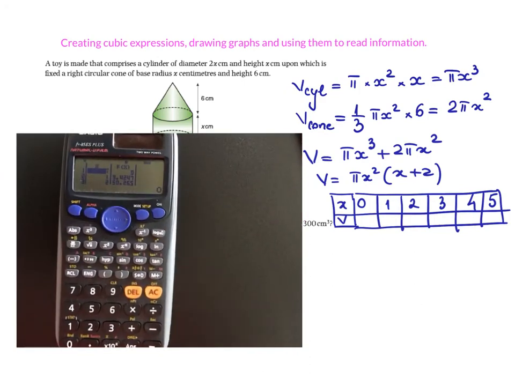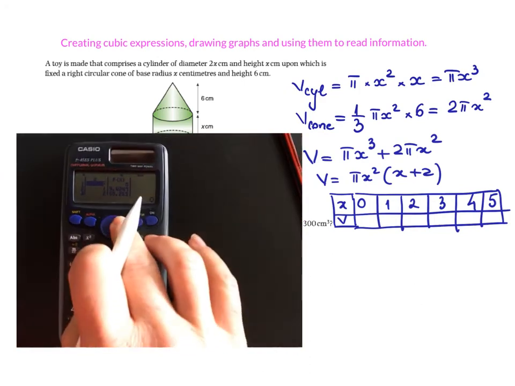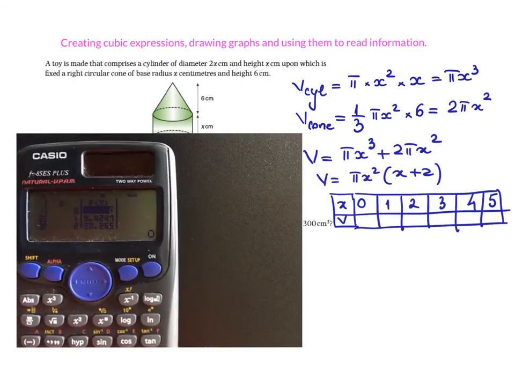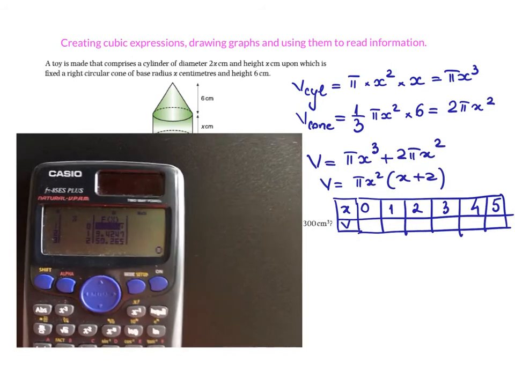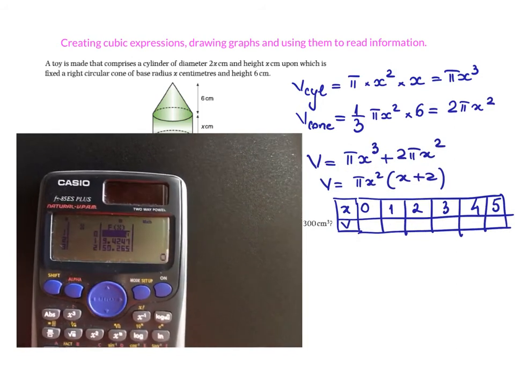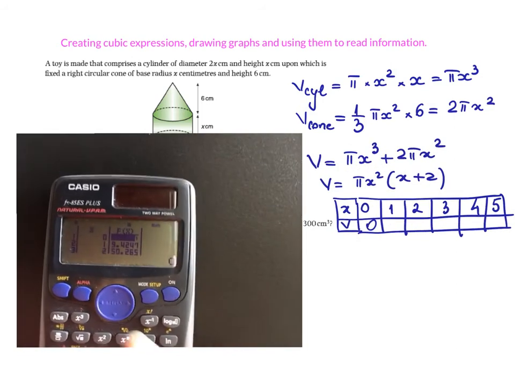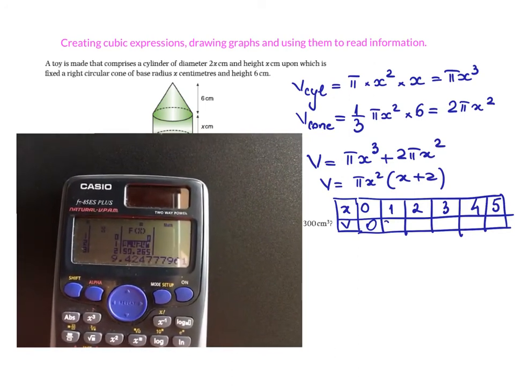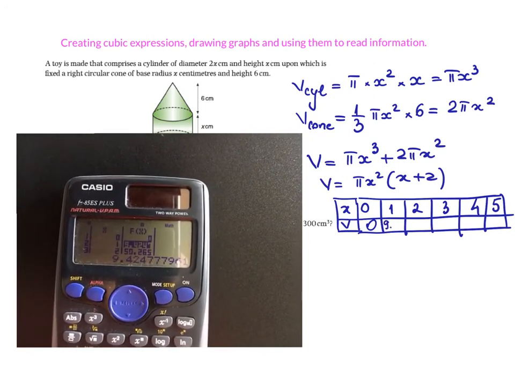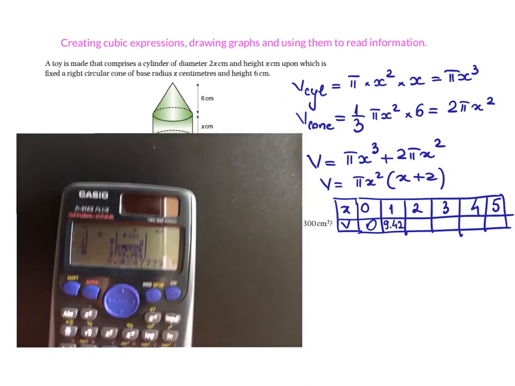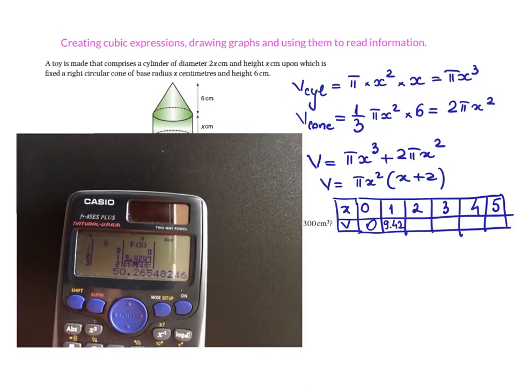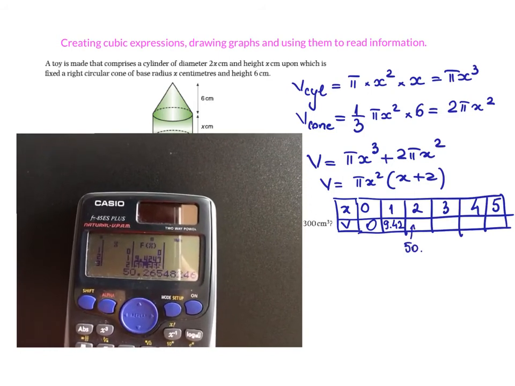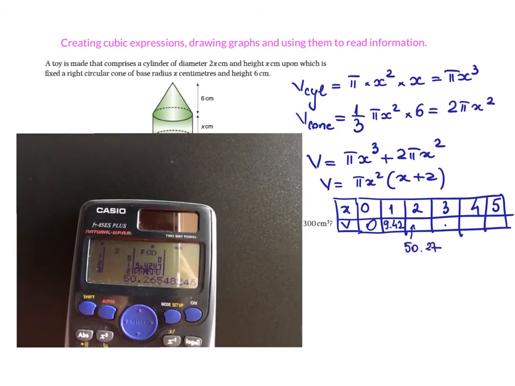So for x equals 0, the value of y is 0. For x equals 1, the value is 9.42 to 2 decimal places. The next value is 50.27.